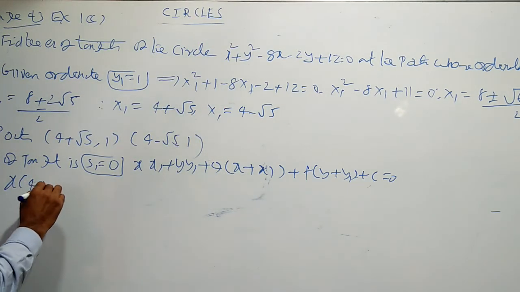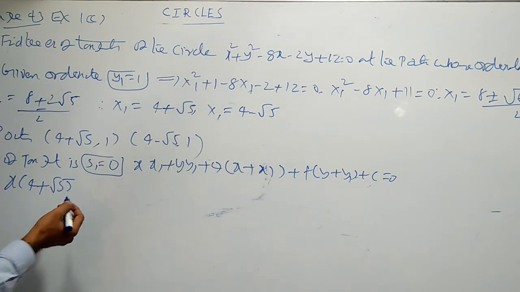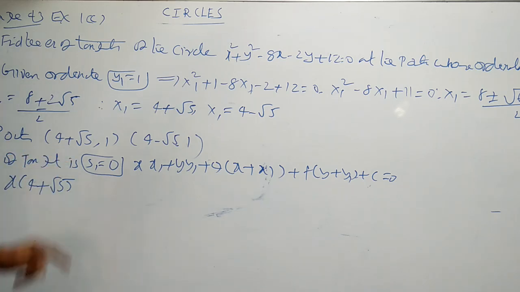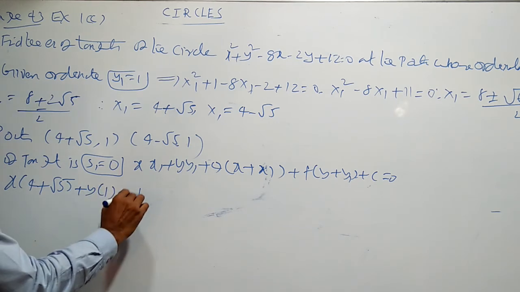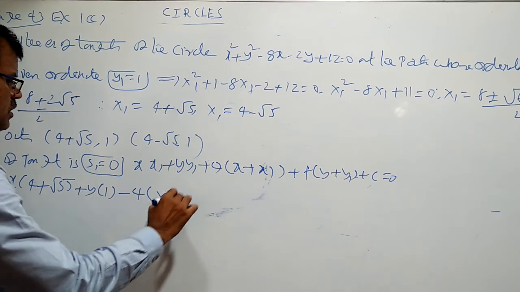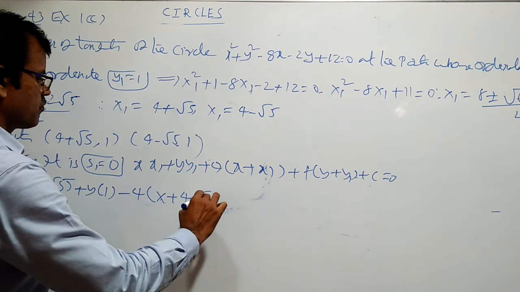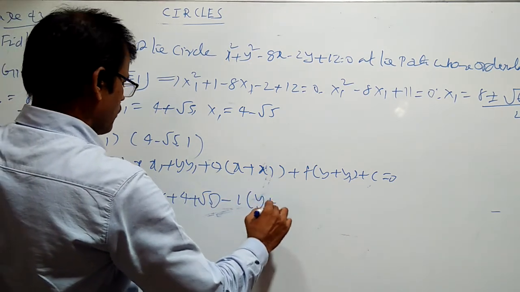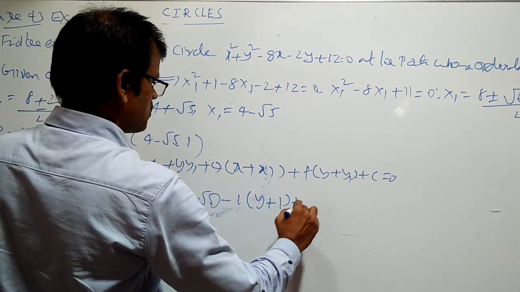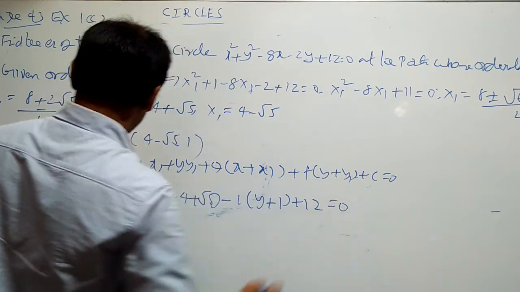Now write with the point (4 plus root 5, 1): x into (4 plus root 5) plus y into 1 plus g. What is g here? Minus 4 into (x plus 4 plus root 5) plus f, here minus 1 into (y plus 1), plus c, here plus 12, equal to 0.